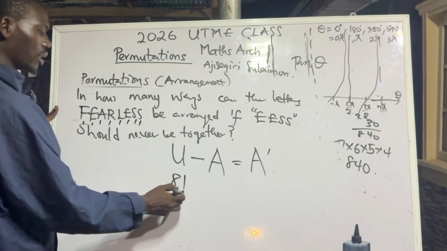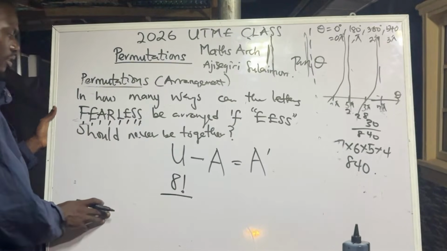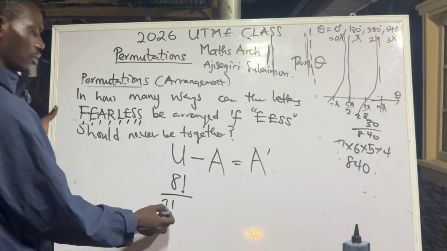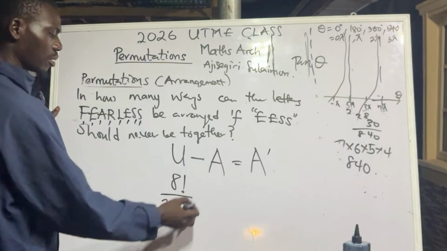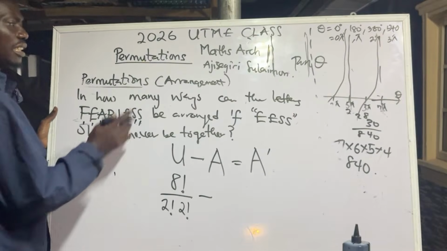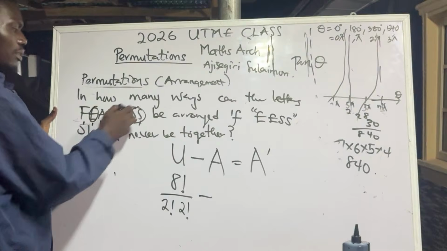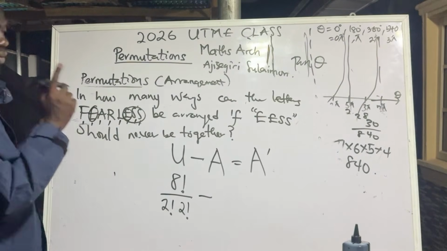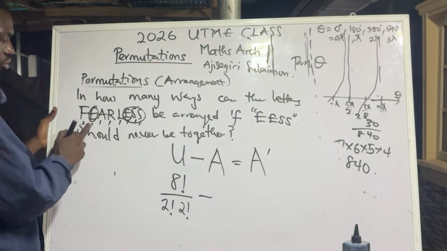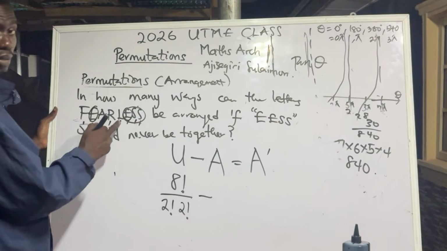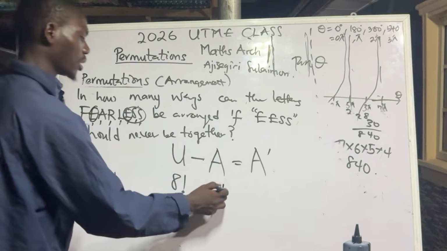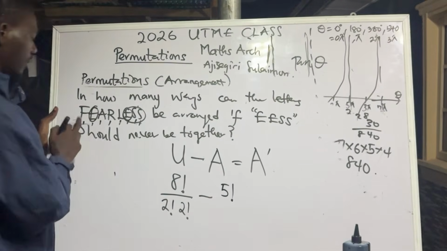That will be 8 factorial over repetition, yes. E twice, S twice, minus if the E and S are always together. That means this and this are always together. So we'll count them as what? One. So 1, 2, 3, 4, 5. I've already counted them, so I will not count them again. That's 5 factorial. Now look at the remaining ones.